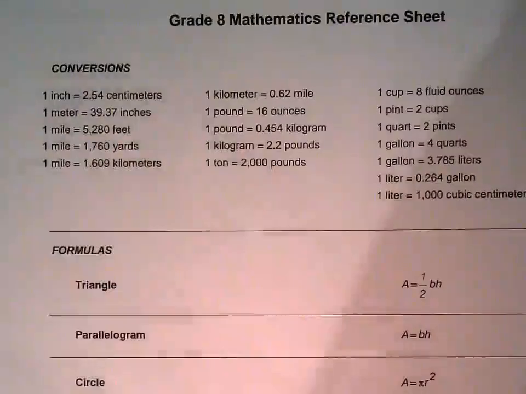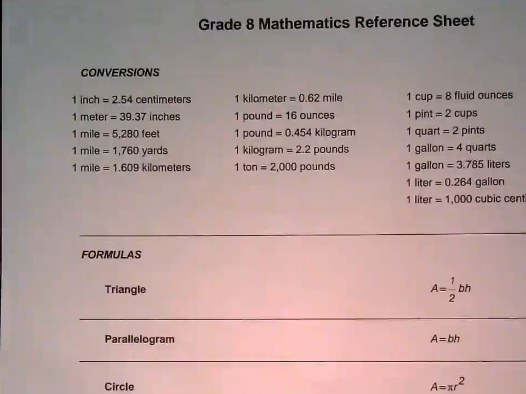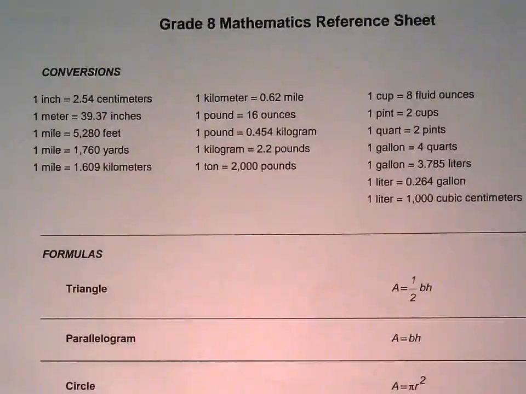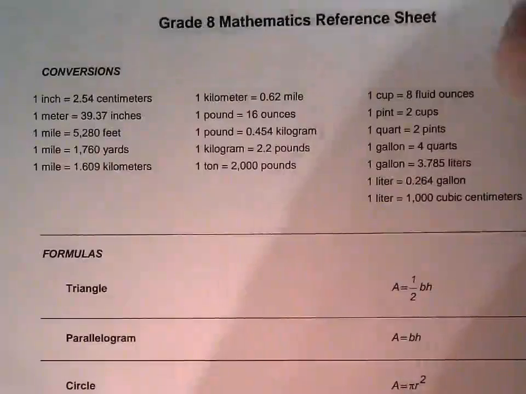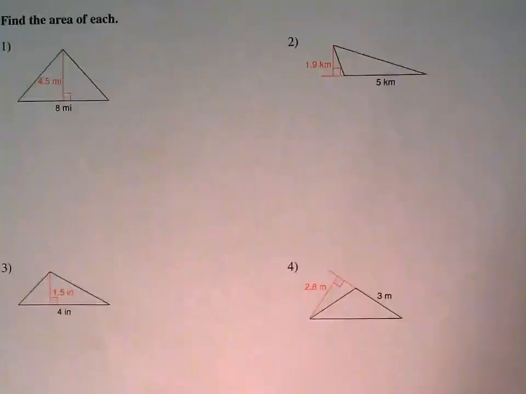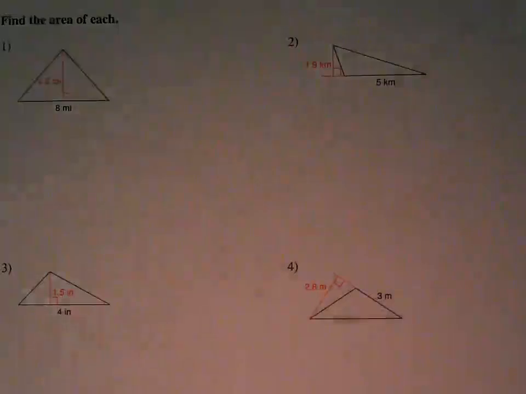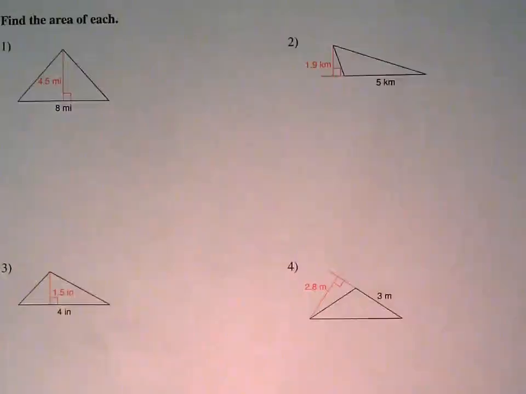So if you look here, you see this is the formula sheet that you'll get to use if we get a chance to take the test, which I hope we do, and all it says is area is a half of the base times the height. And that's all that it is, because if you look at a triangle, it is half of a rectangle. That's all that it really is. There's no funny business with that, so that's what it is.